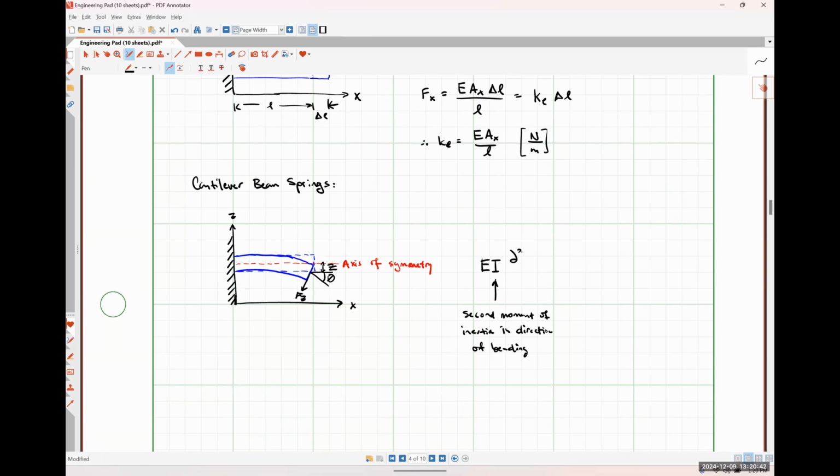Times the second derivative of our displacement, capital Z as a function of capital X, where X is the location along the beam length, with respect to X squared, is equal to M as a function of position, where this M is the moment of force, which is typically equal to force magnitude multiplied by the distance from the point of rotation.